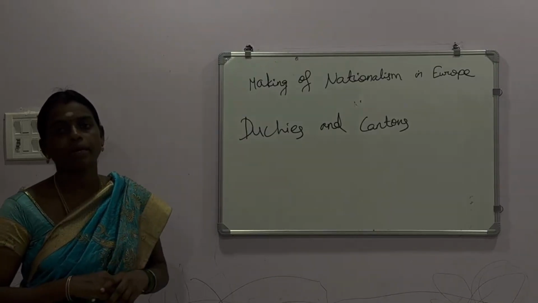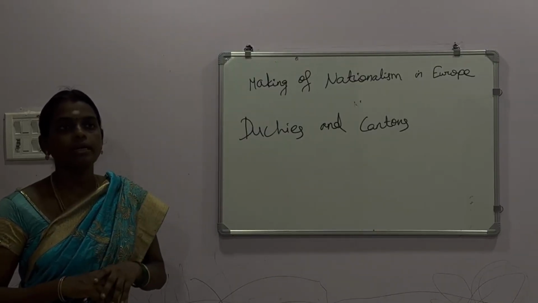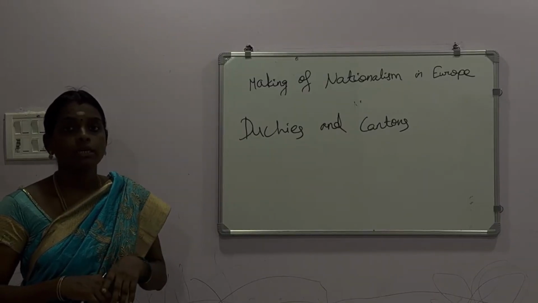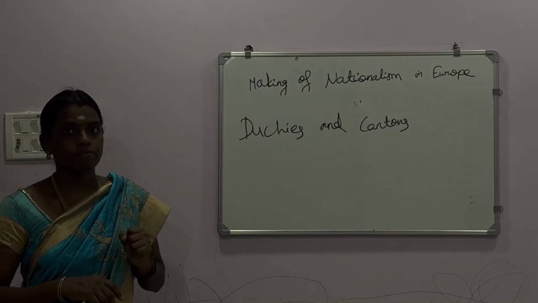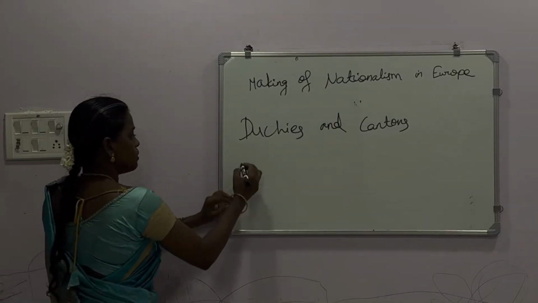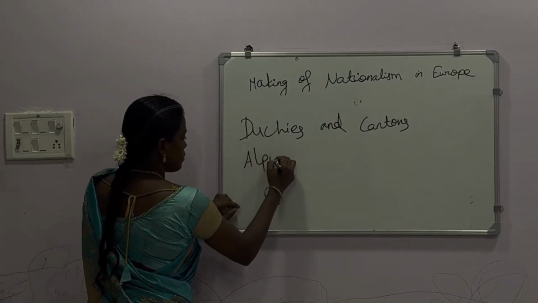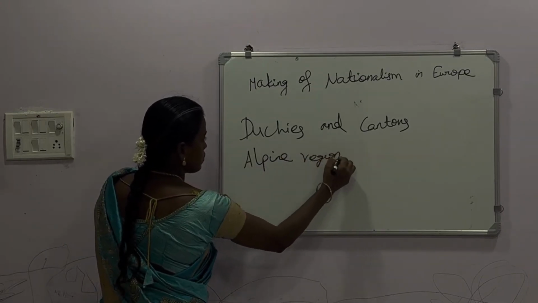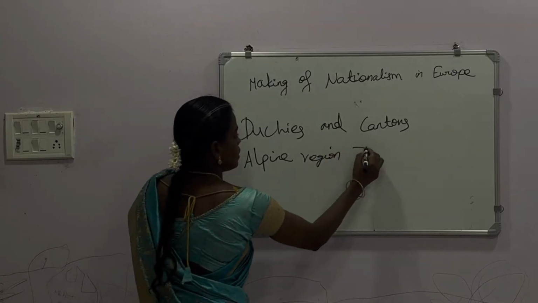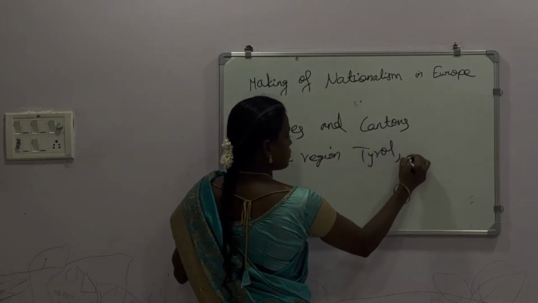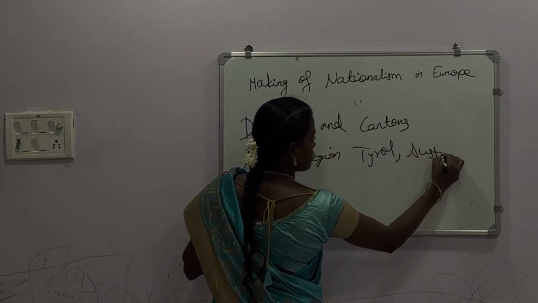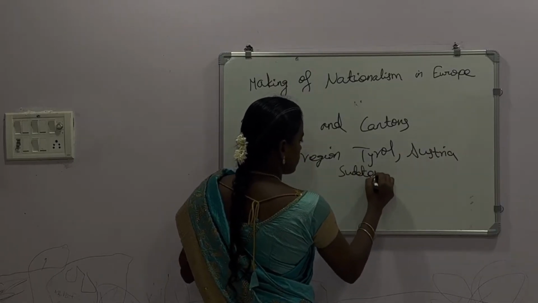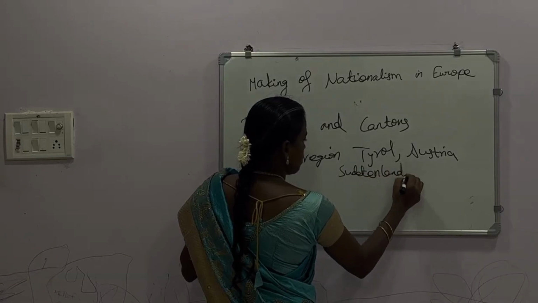That's the second point. The third thing, as I already told you, is that all kinds of languages were permitted. For example, the Alpine region, like Tyrol, Austria, Sudetenland, Bohemia.